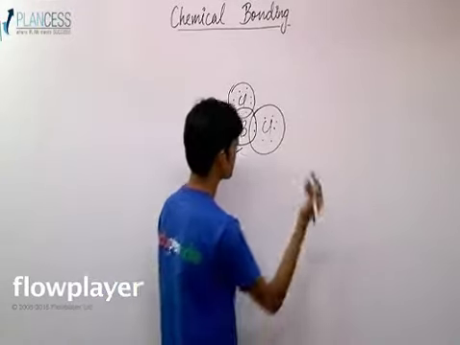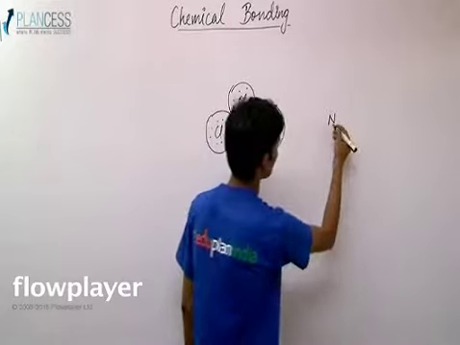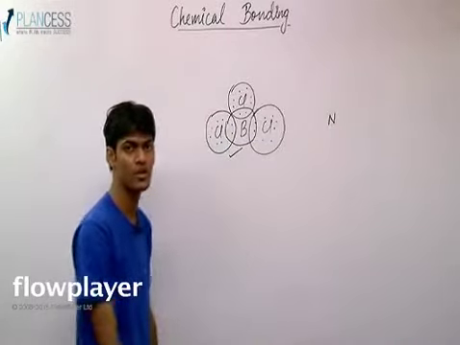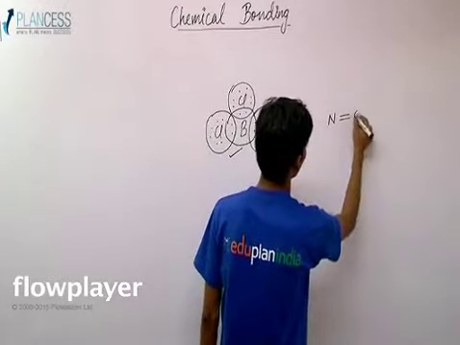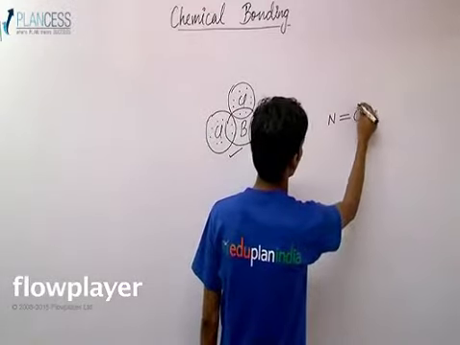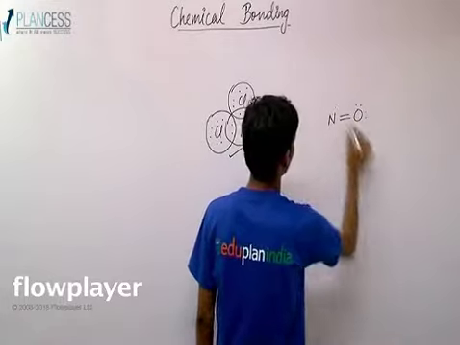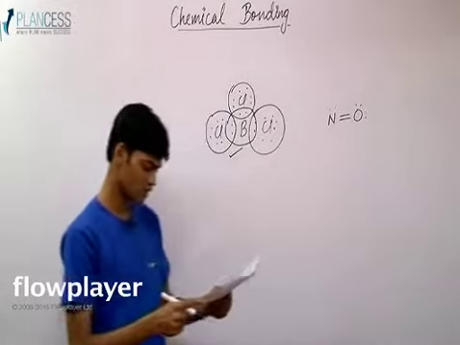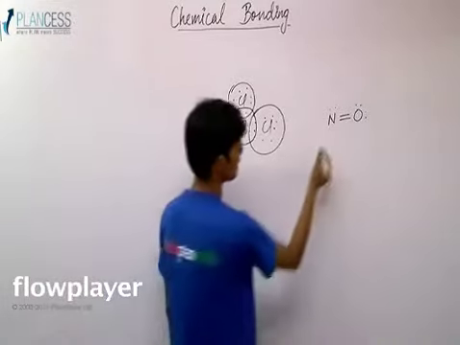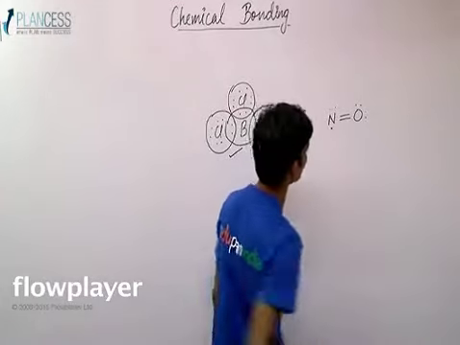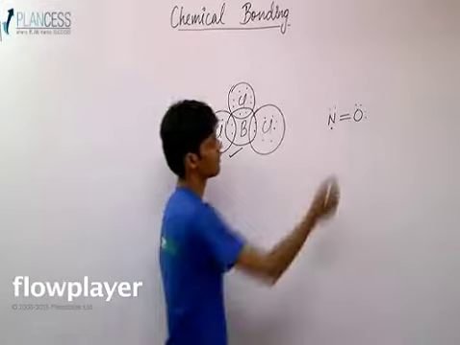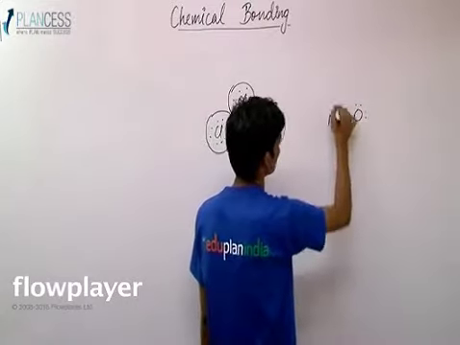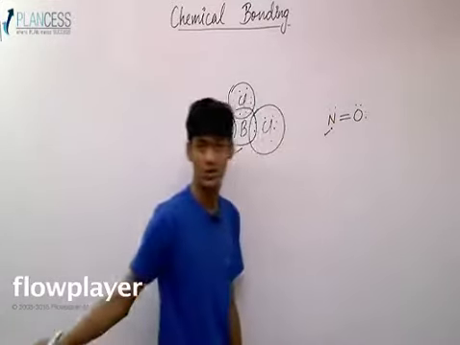For example, there is NO. N has 7 electrons, and oxygen has how many electrons? 8 electrons. So it has 15 electrons. The structure would be something like this, and there would be 1 extra electron present here. So in this case the octet rule is not followed, because the octet of oxygen is complete, however the octet of nitrogen is not complete.